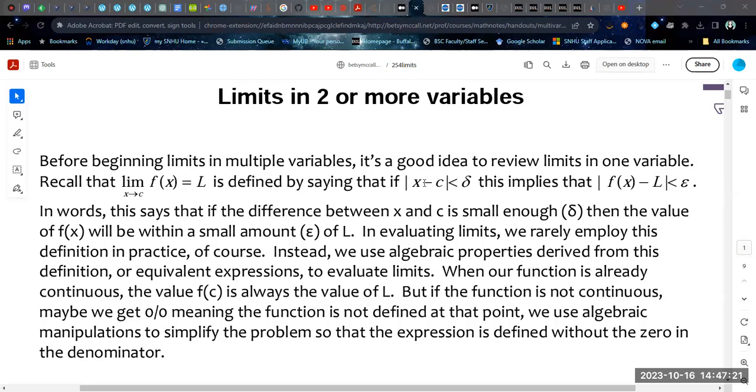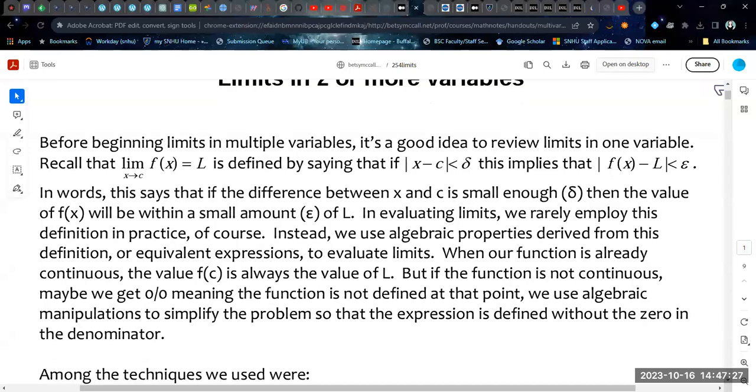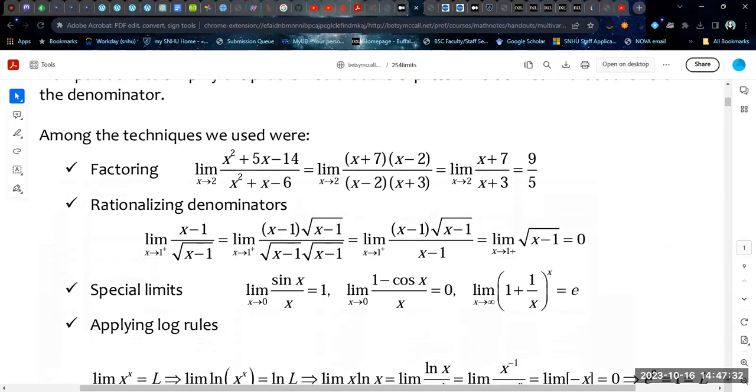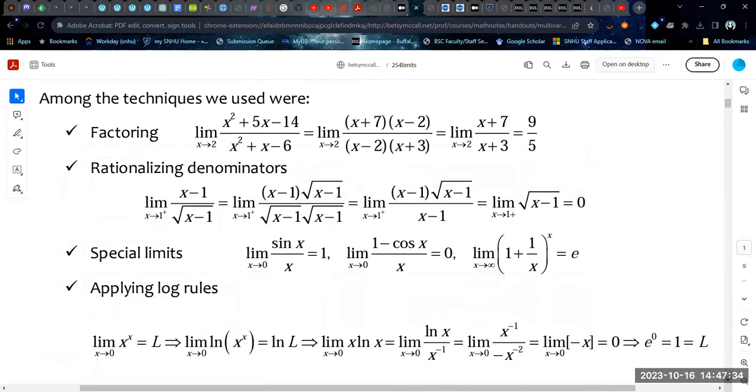Now, if the function is not continuous, then we will use various techniques. Again, we're reducing our problem to one variable, so the same techniques that we used in one variable could presumably apply in the multivariable case, depending on how the function gets reduced. So recall that we can factor and simplify our expressions.